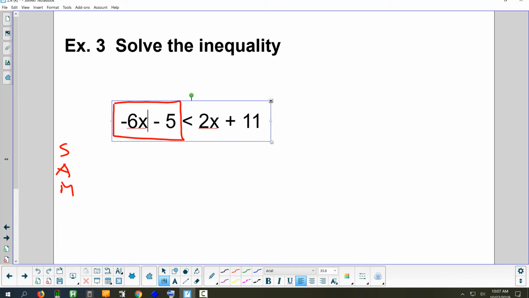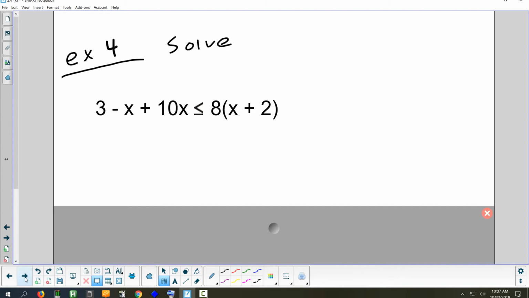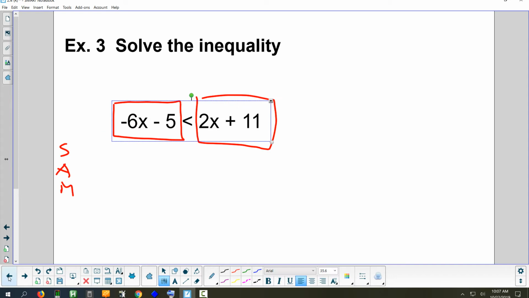Those cannot be combined. Look on the right. That's a term with a letter and a term that doesn't have a letter. Those cannot be combined either. When we're looking for combined like terms, I'm looking for a term with a letter, another term with the same letter on the same side. We'll get to one like that in a minute. But this one, no combined like terms, no distributive property.